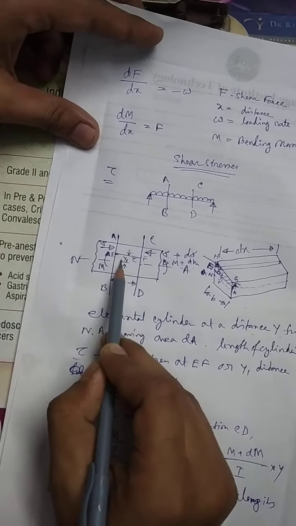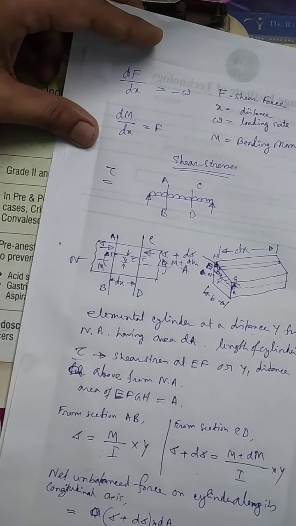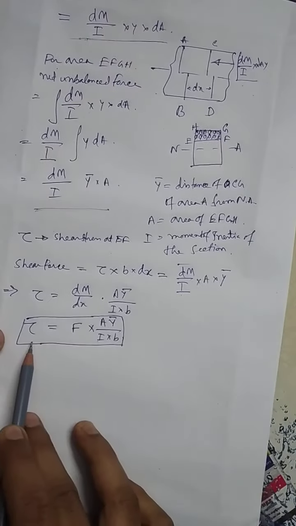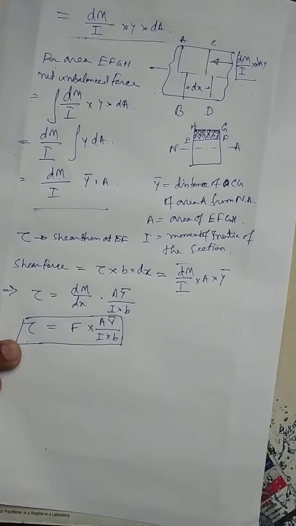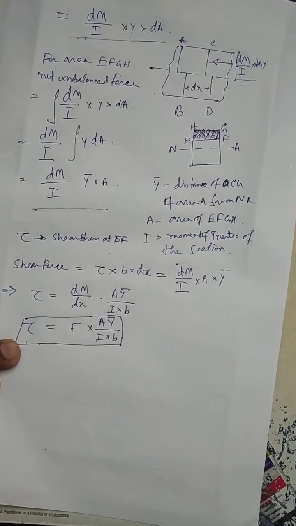Here if you look, EF is at a distance of y1 from the neutral axis. So we have made the expression of shear stress generated at a distance of y1 from the neutral axis.